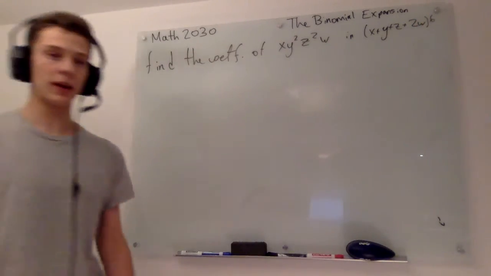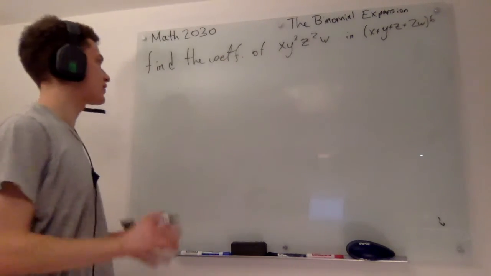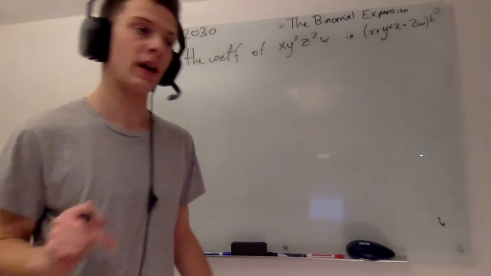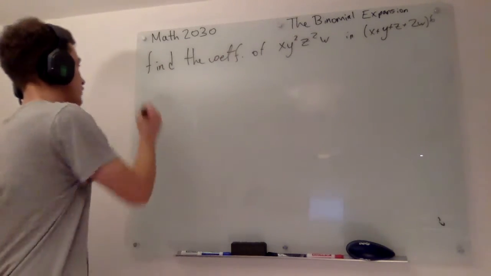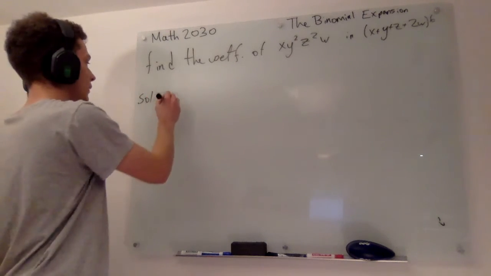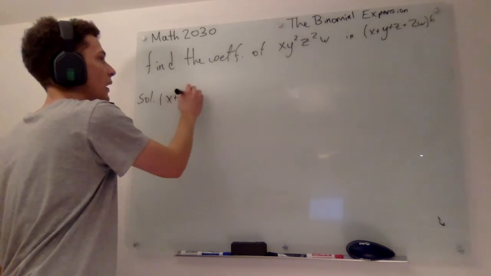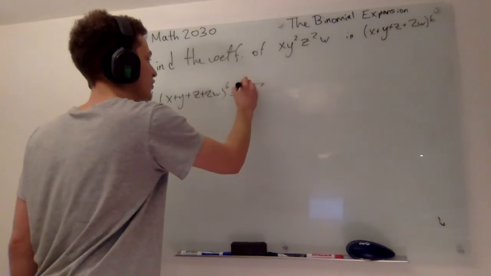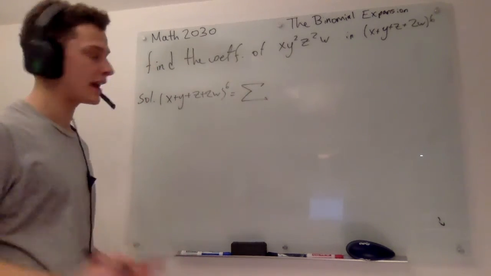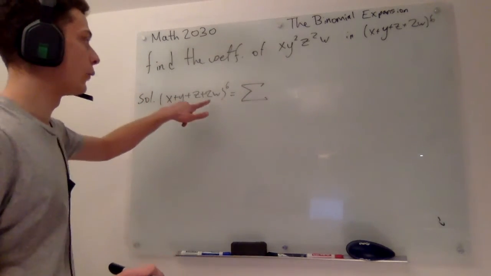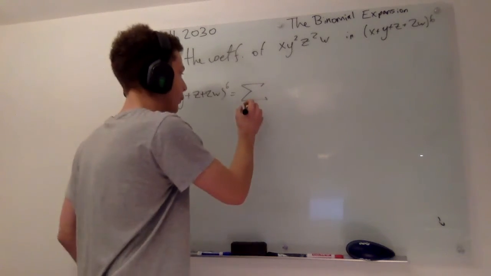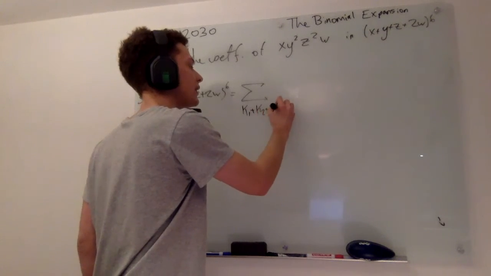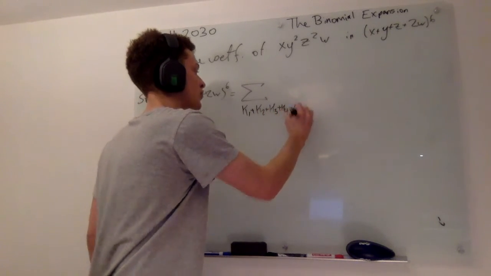Okay, so what we're going to do, as we did for a similar example for binomial expansions, is plug this into our formula we found for the multinomial expansion. So we have x plus y plus z plus 2w to the 6 is equal to the sum. Now we're going to use k1 through k4 since there are 4 terms. So we have 4 powers to worry about. k1 plus k2 plus k3 plus k4, summing to 6.